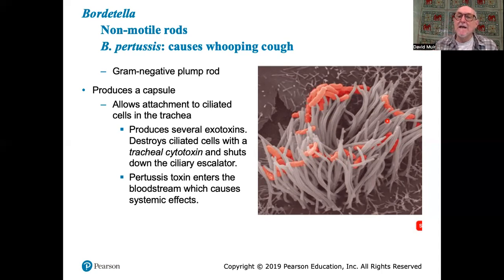And they shut down that ciliary escalator that moves sheets of mucus from the lungs all the way up to the top of the throat, which is what largely keeps us free of bacteria and particles in the lower parts of our respiratory tract. So in children especially, this produces a very distinctive cough.